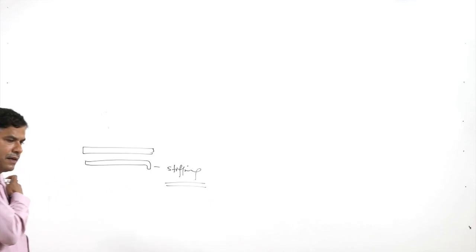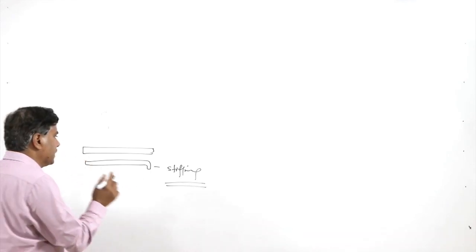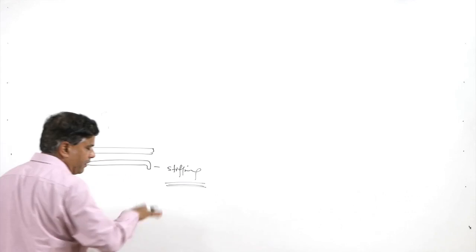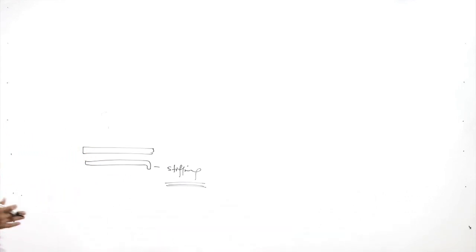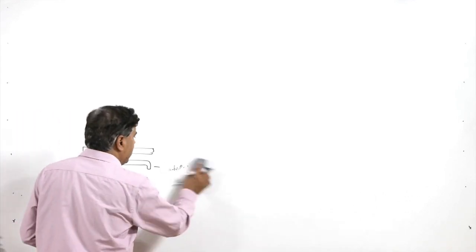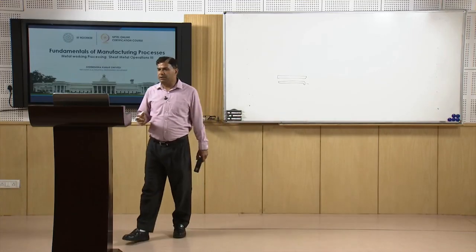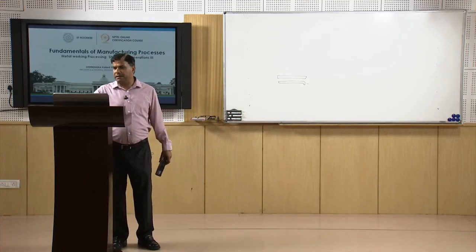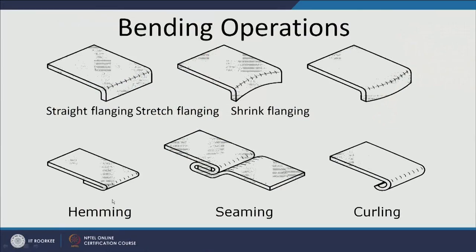It strengthens and hardens the sheet metal. So, apart from giving a better shape to the edges, the different ways of flanging can be used for stiffening purposes, and then hemming, seaming and curling.